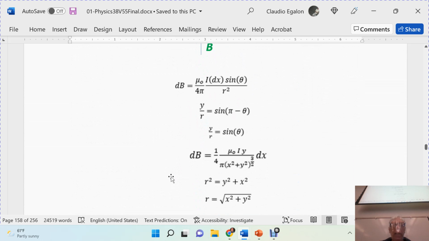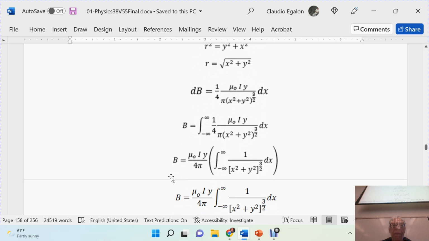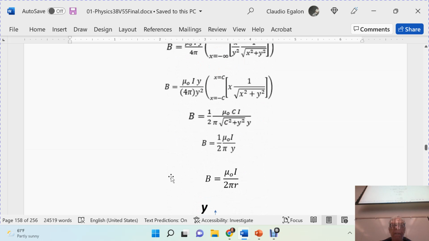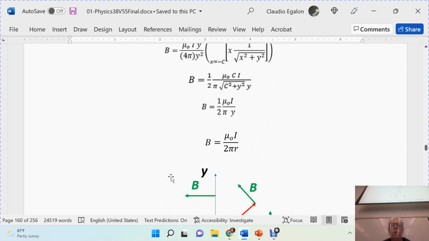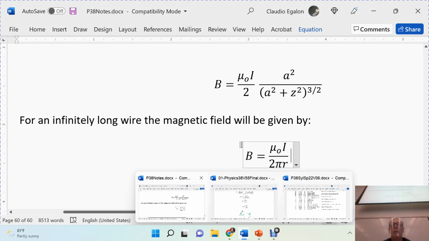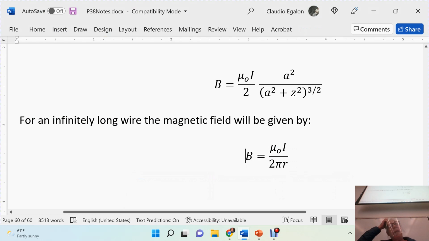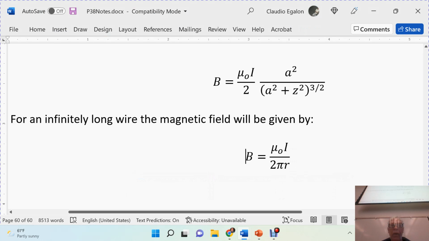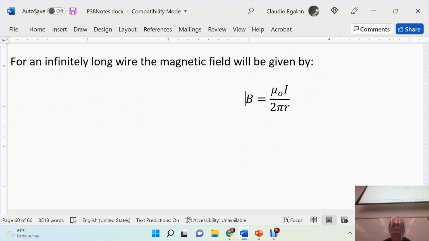Yeah, 2 pi r, that's right, just like I said initially. But like I said, I'm not going to do that here because this one is very lengthy. Why is that? Because there's a simpler way of solving this problem using Ampere's law, okay? We use the integral form. 6:38 right now. We have 10 more minutes to go.